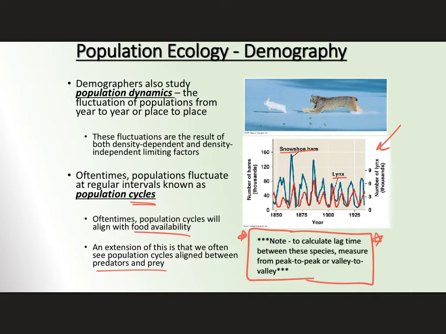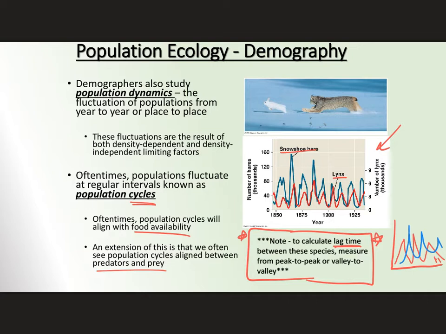Now, this graph is good as an example of just what this is, but it's not a great example of a math-based problem. What they will often ask you to do is calculate a lag time between two different populations. So let's say we had this graph, but it was a little more spaced out. So, maybe I've got my hare line, and then the lynx line, and it's kind of more like this.